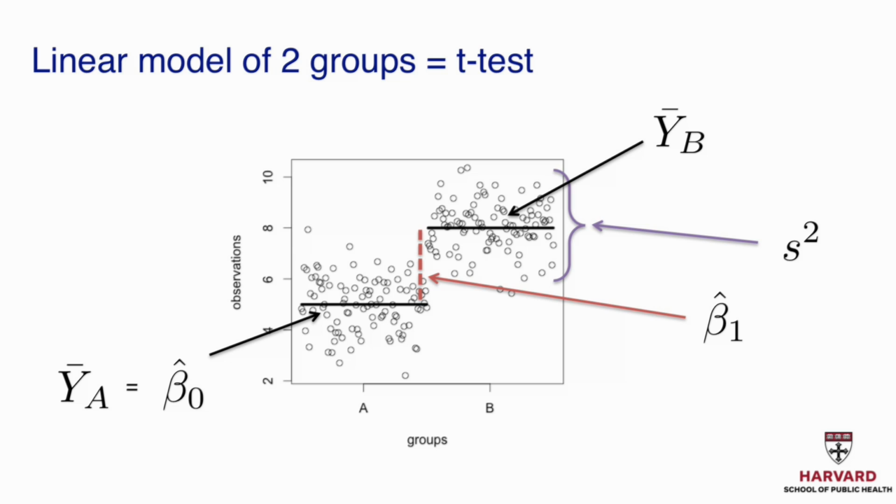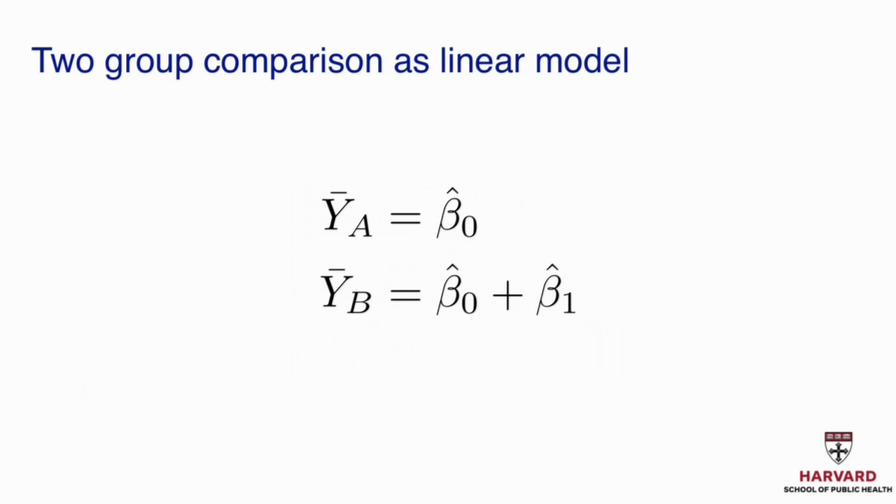That's what we want to estimate and perform statistical tests on. So written out as a linear model, group A has a mean of beta 0, and group B has a mean of beta 0 plus that difference.